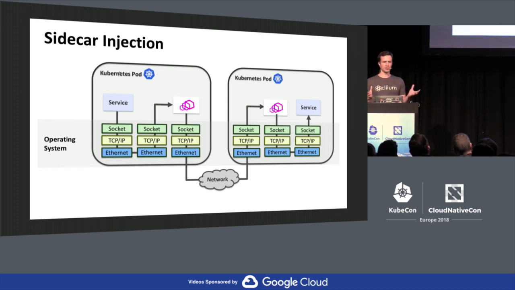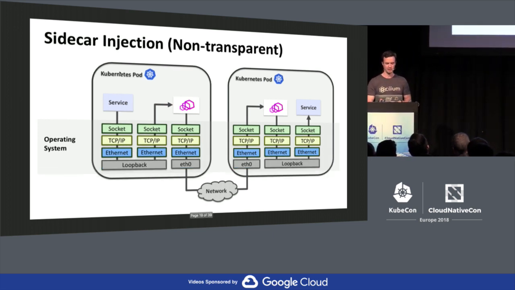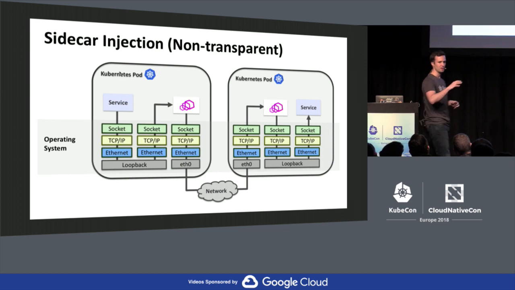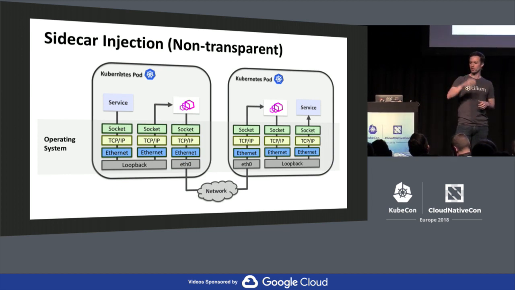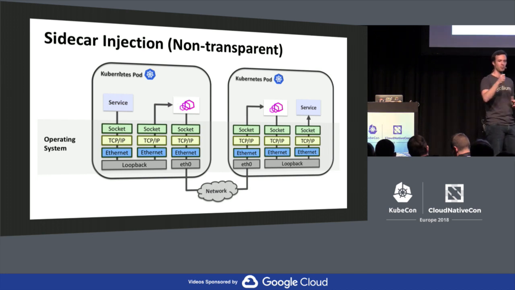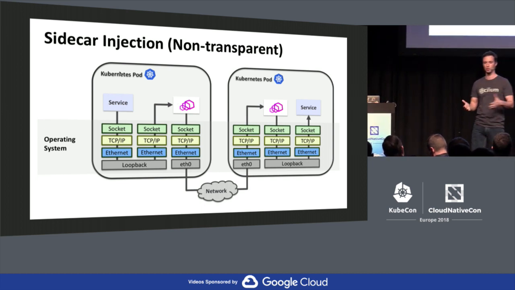But even that, Linux does everything with files and devices. So where are my devices? Let's add the devices to the mix. From app to sidecar, this could be the loopback. Right? This is the case where you tell your application to talk to the sidecar directly. So let's say the sidecar is listening on port 4000.